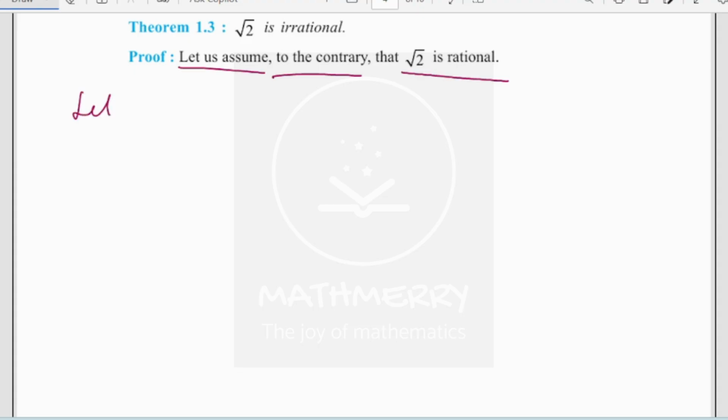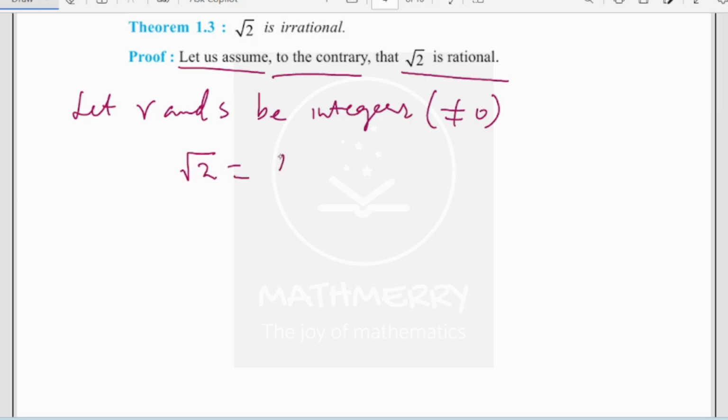Let R and S be integers which are not equal to 0. Then root 2 will be equal to R by S. If it is a rational number, we can represent it in the form of R by S, where S is not equal to 0 and R is not equal to 0.